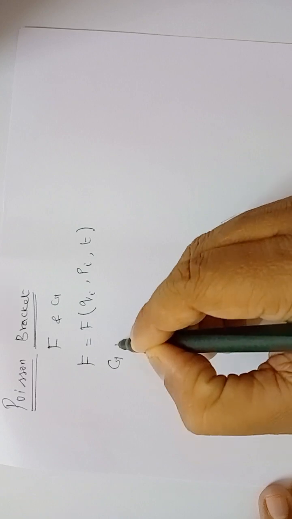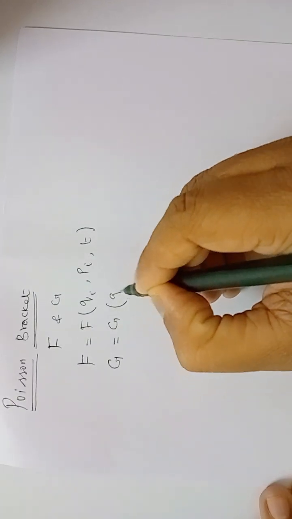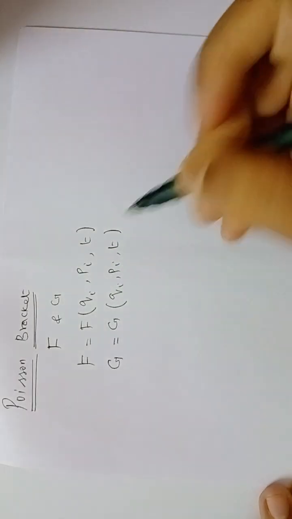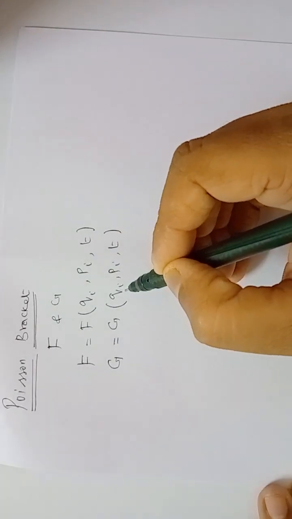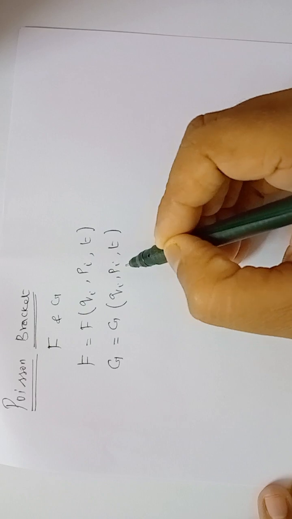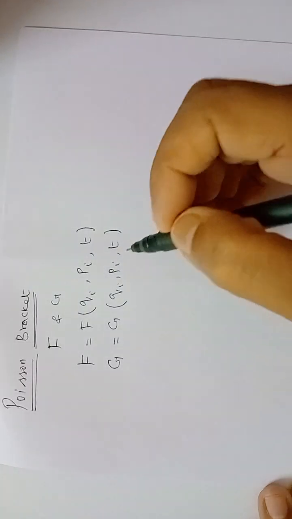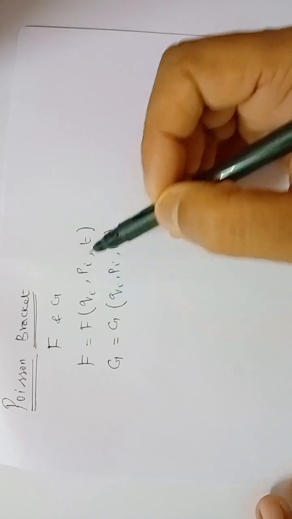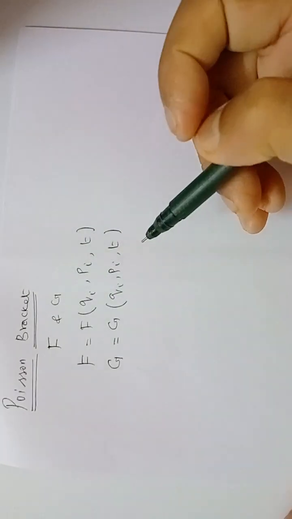Similarly, g is also a function of qi, pi and t. So both f and g depend upon the generalized position coordinates qi, momentum coordinates pi and time t.